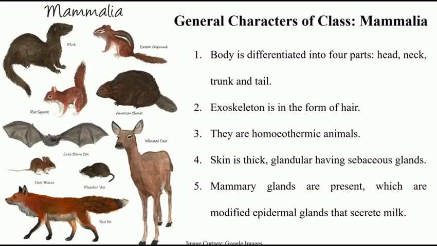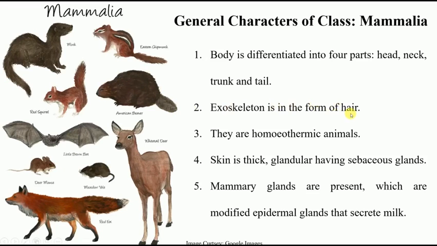The next characteristic feature is that the exoskeleton is in the form of hairs. On the integument of every mammal, you will see exoskeletal derivatives, and in mammals these are in the form of hairs.